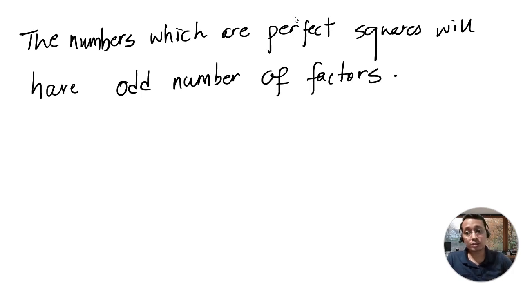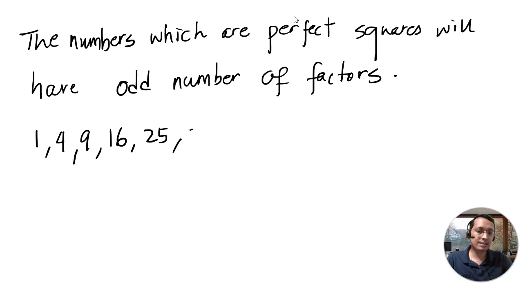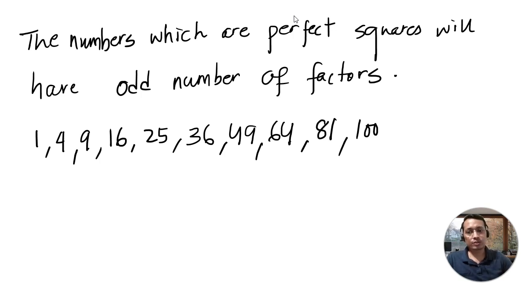So what are those numbers? 1, 4 (2 squared), 9 (3 squared), 16 (4 squared), 25 (5 squared), 36 (6 squared), 49 (7 squared), 64 (8 squared), 81 (9 squared), 100 (10 squared). These are the lockers which will stay open, because they will have an odd number of factors. That means they will be touched an odd number of times. So it is toggling, right?